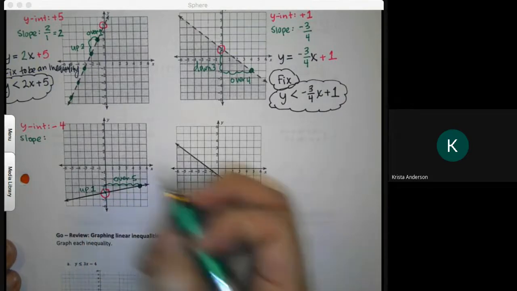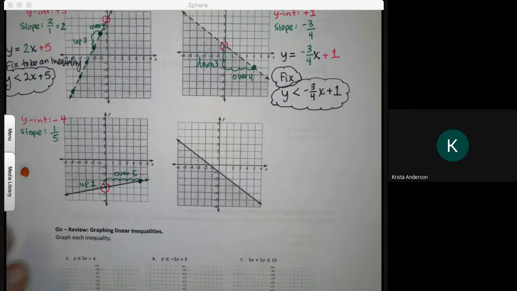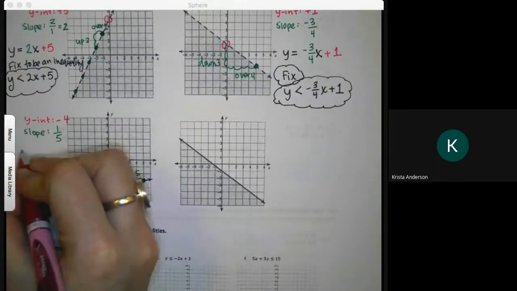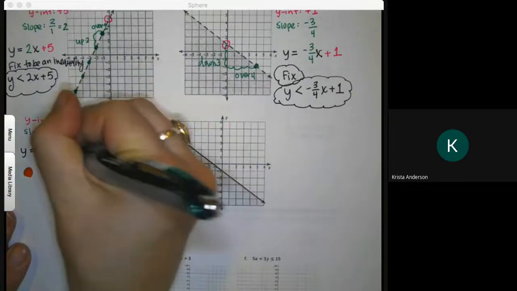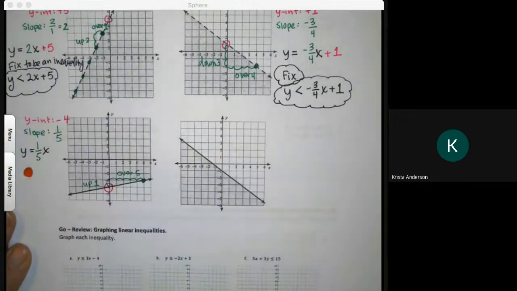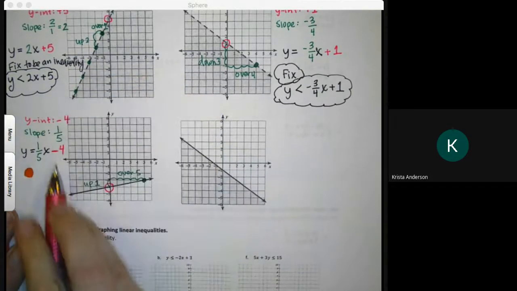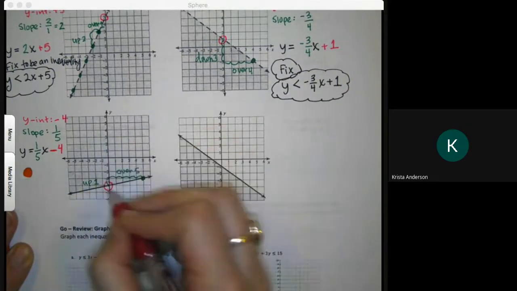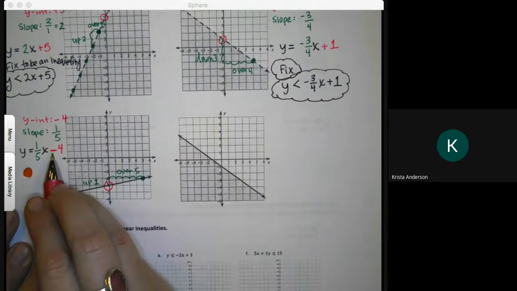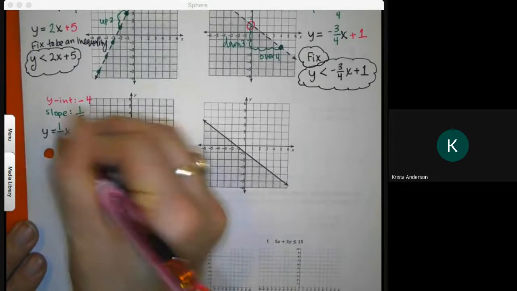Over 5. 1 over 5. The slope has the x on it. My y-intercept is a minus 4. I have to be careful to make sure my sign matches if it's negative or positive. This one was a negative. I then make a correction to my equal sign.